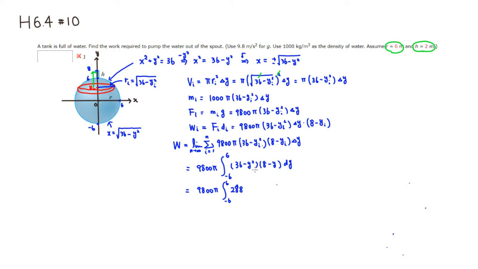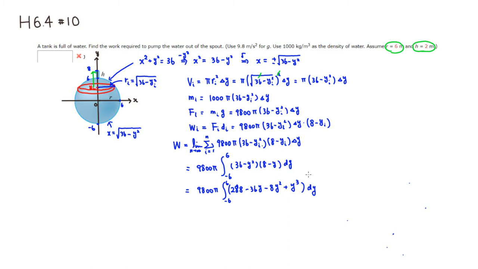Then you have -36y, then -8y squared, and then plus y cubed, with respect to y.